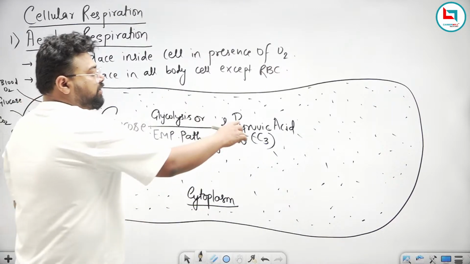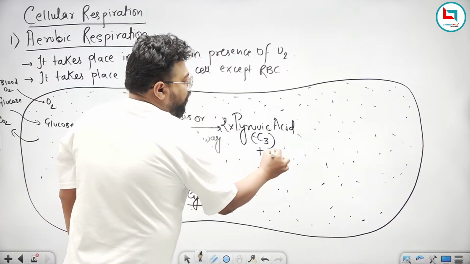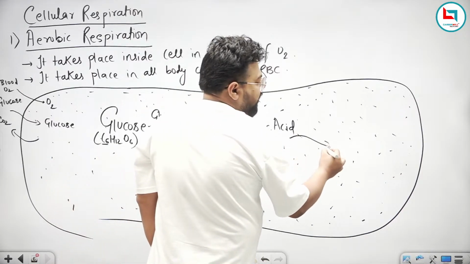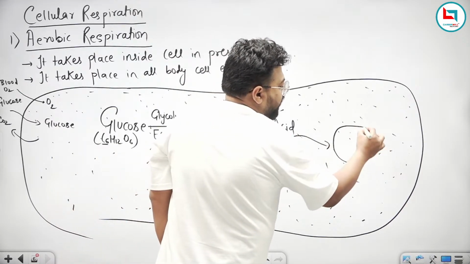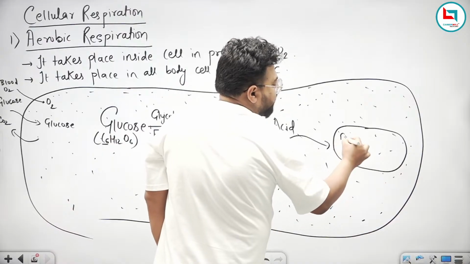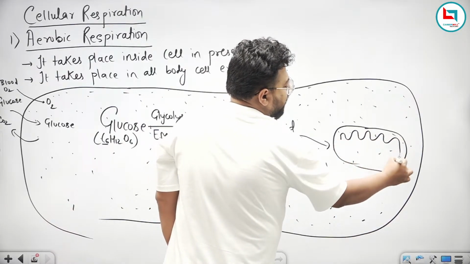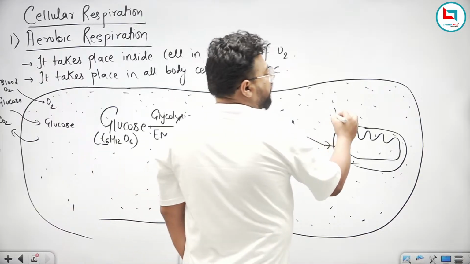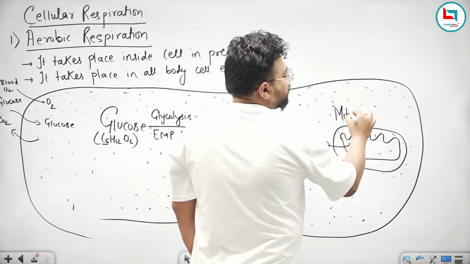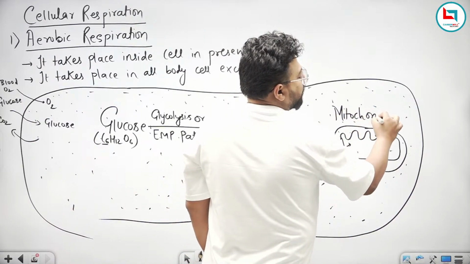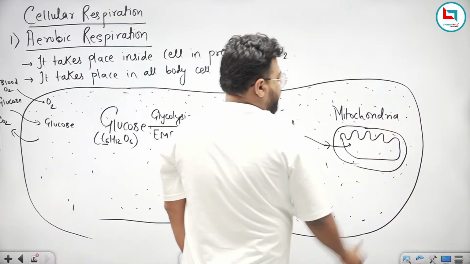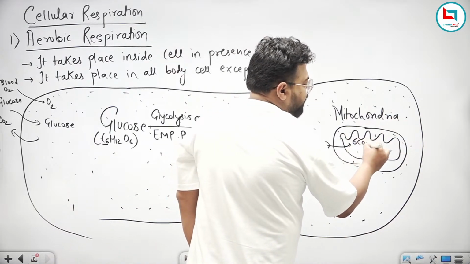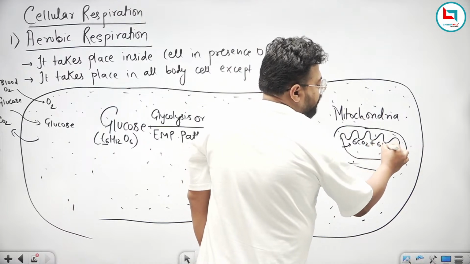Now this pyruvic acid with oxygen will enter inside another cellular organelle, which is known as the powerhouse of cell. So this is mitochondria, and inside mitochondria, this pyruvic acid will form 6 carbon dioxide, 6 water molecules.